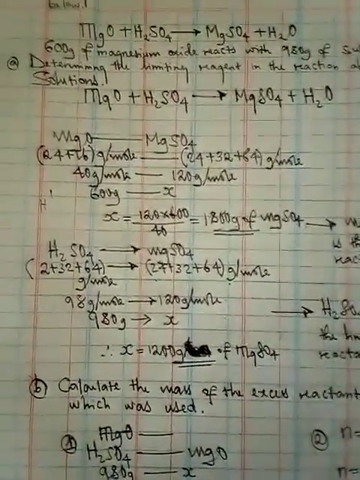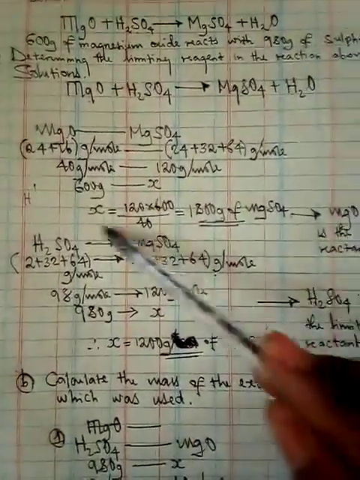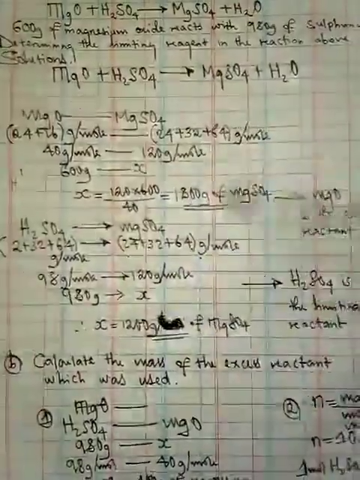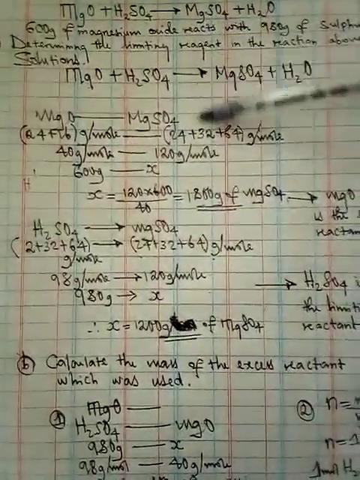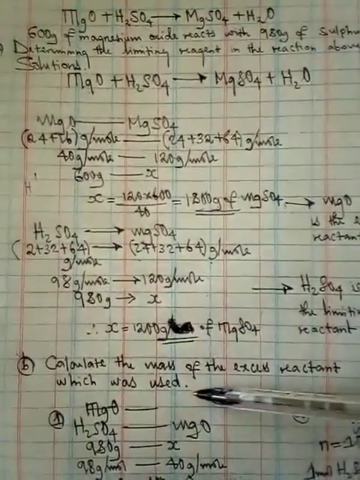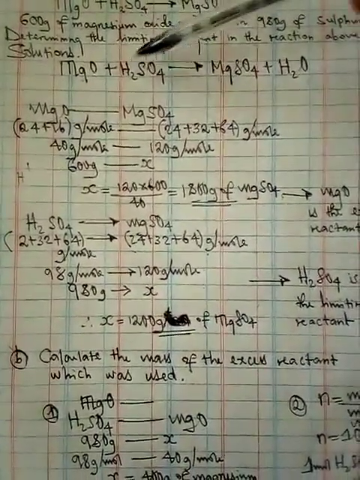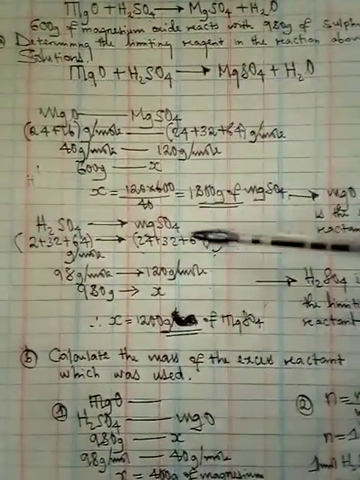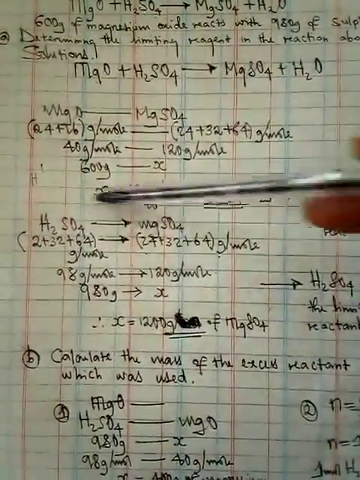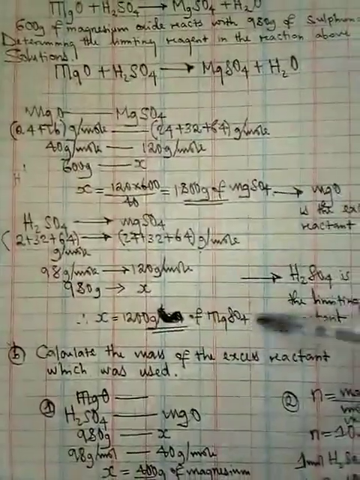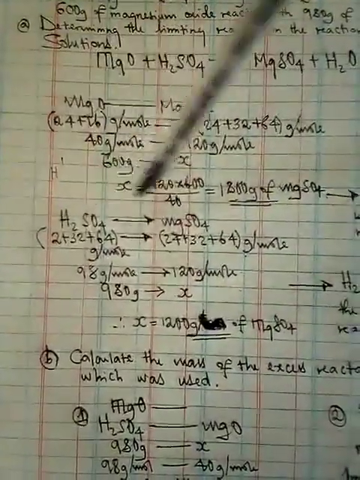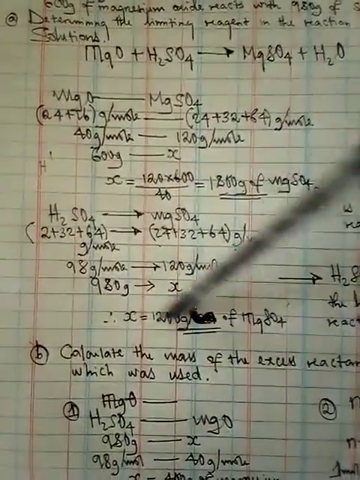In case after being asked to determine the limiting reagent, another question comes to say calculate the mass of magnesium sulfate produced, you can rewrite the same things again, because this was part of the procedure in determining our limiting reagent.